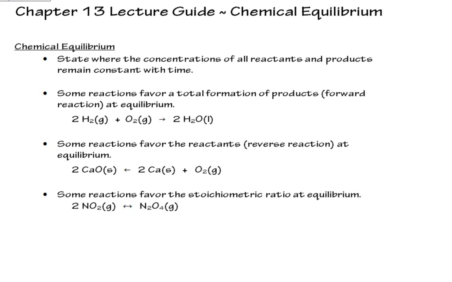Now either you completely react the reactants to form products, or maybe there's a limiting and an excess, so you react them as completely as possible to form as much water as possible, and you might have a little excess hydrogen or oxygen. But we say there's a total formation of products. The forward reaction is favorable. Hydrogen and oxygen want to react together and form water.